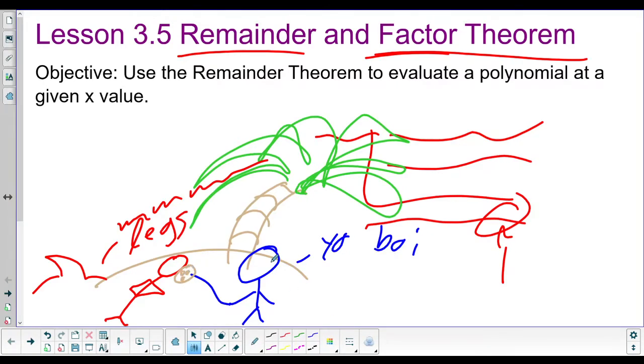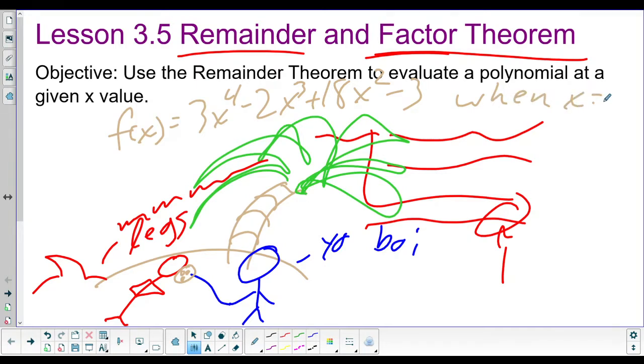And he's going to say, what is f of x equals 3x to the fourth minus 2x cubed plus 18x squared minus 3 when x equals 17? And if you can't tell him right there, he's going to coconut you right in the dome.